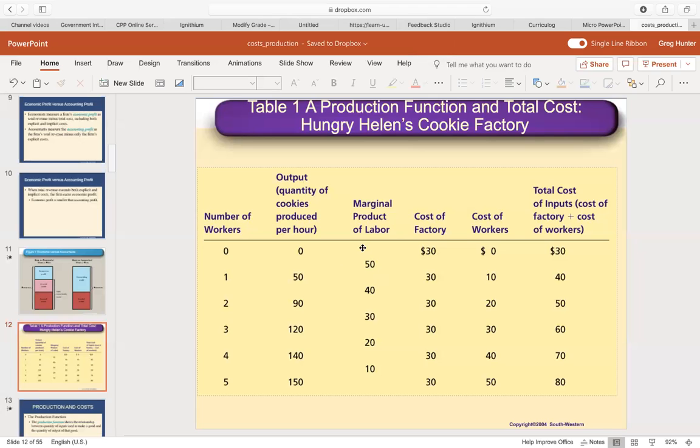So the marginal product is just the additional output that each additional worker brings. So if we go from 0 to 1 worker, our total output goes from 0 to 50, which means that first worker made 50 cookies, right? And as we go from 1 to 2, we go from 50 to 90 cookies, which means that second worker made 40.